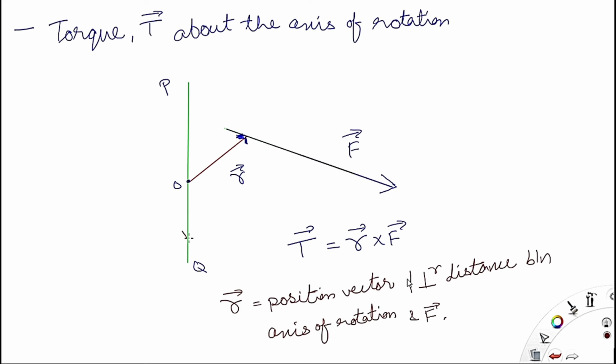R is the perpendicular distance between the axis of rotation and the force, and PQ is the axis of rotation, and along this the torque is acting, meaning the direction of torque is going downwards, because torque is equal to r cross product with F. So you curl your fingers from r to F, and you will get the direction of torque.